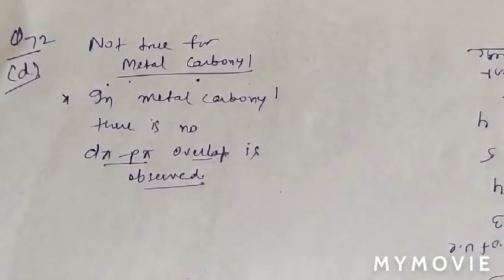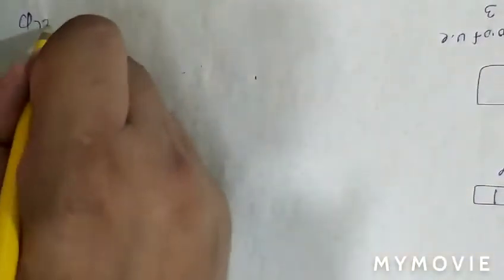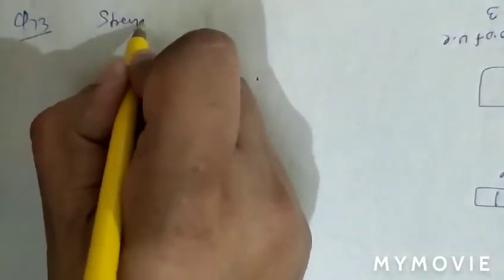See question number 73. Question number 73 is based on the strength of ligand.